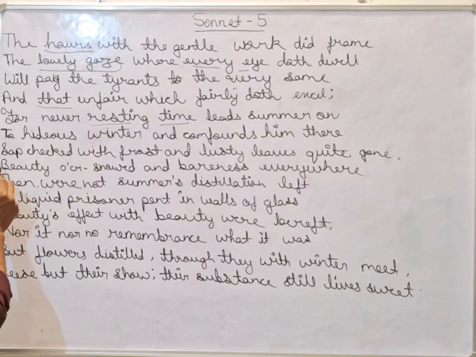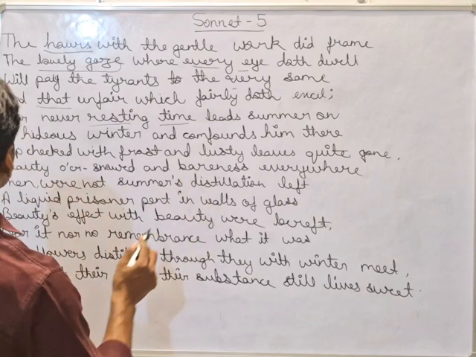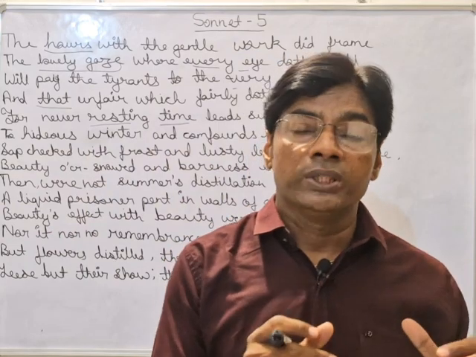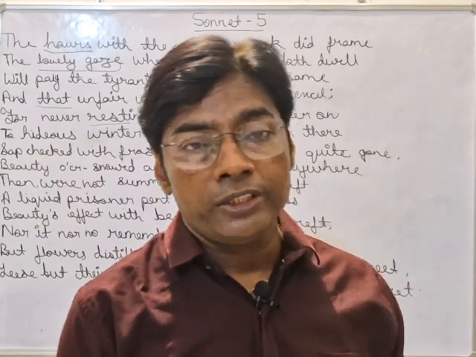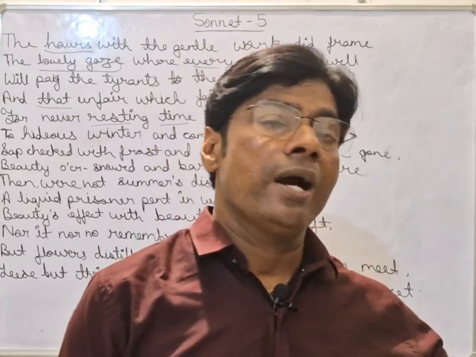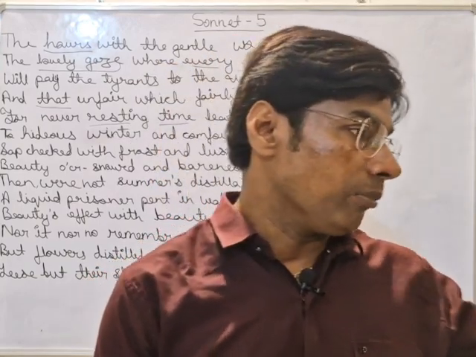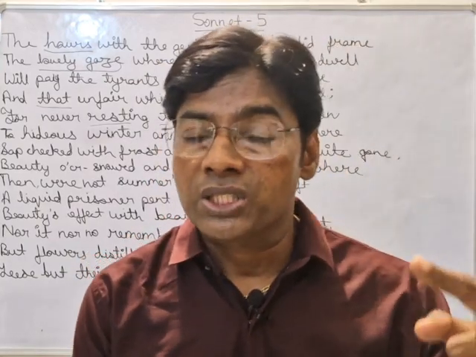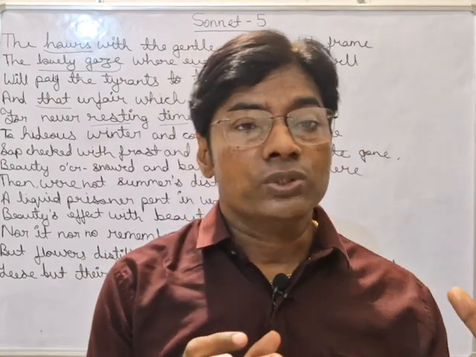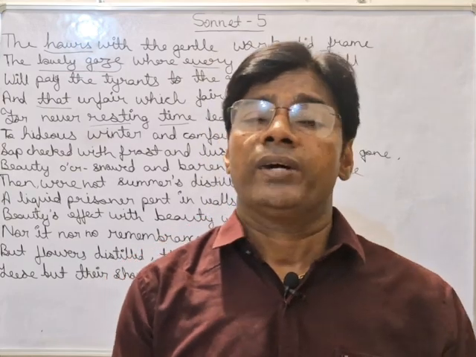So see, here the second quatrain of the poem ends, and in the second quatrain of this poem, the old age of the man is compared with the winter, just as the summer is led by time to the winter, where the summer loses its strength, its beauty, its loveliness, its vitality.